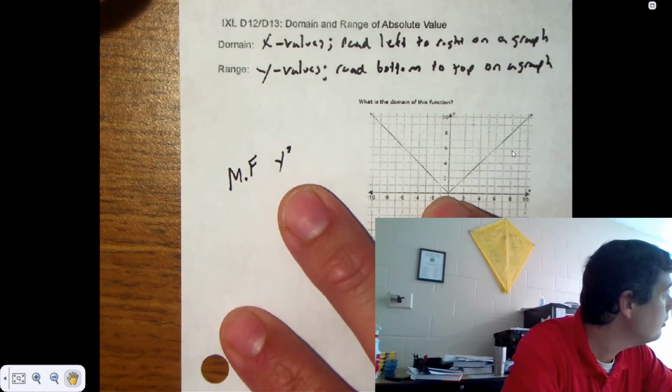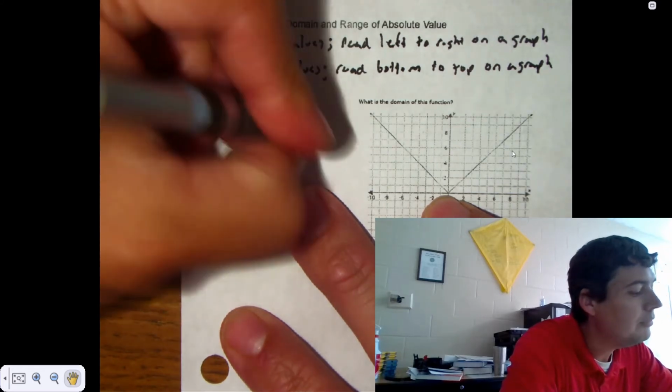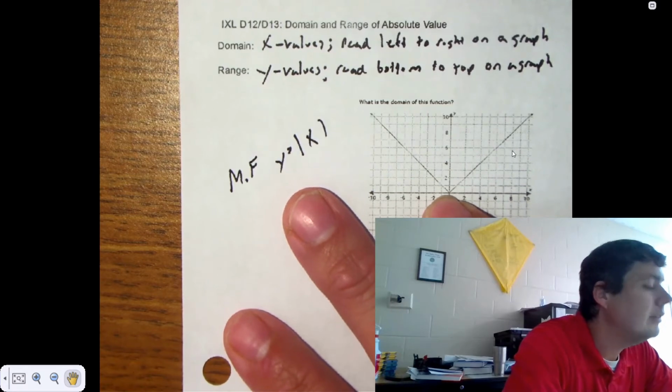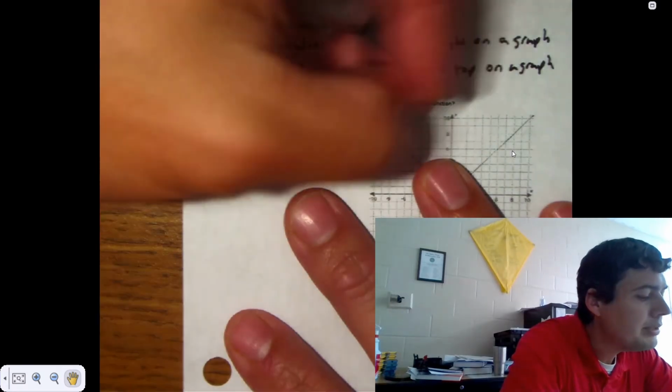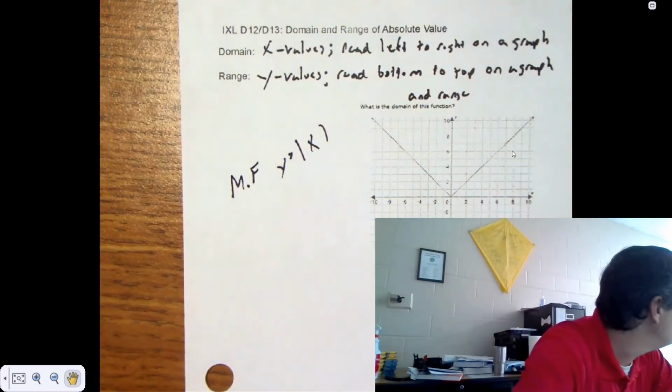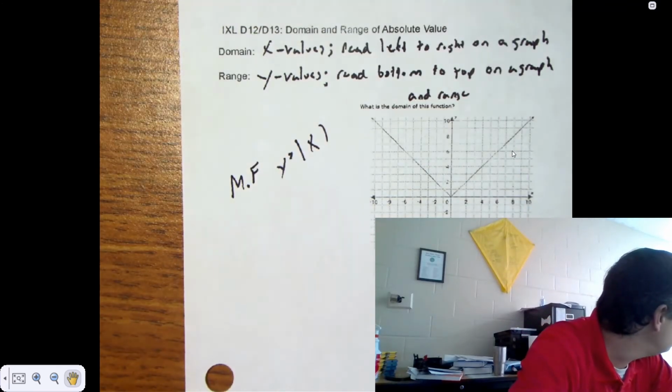It's a V. It's in the title. It's the absolute value of X. And the question up here only wants domain, but we're going to say and range on all of these. We're going to do both of them, just so we can go over it.